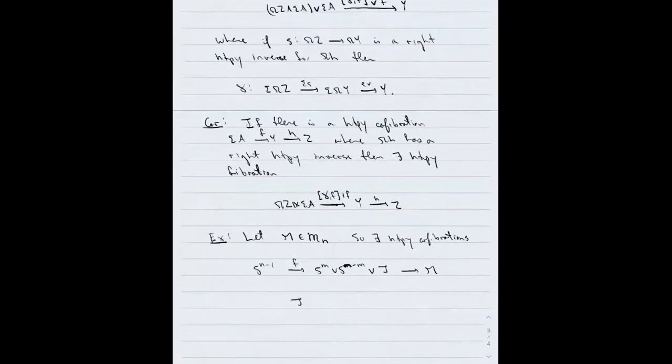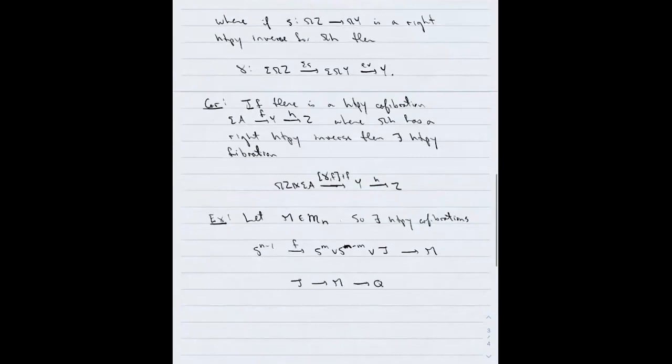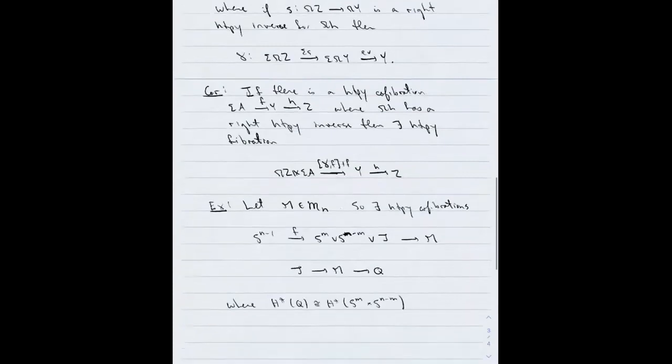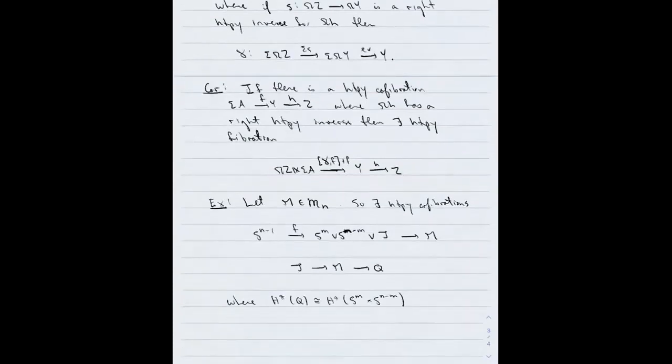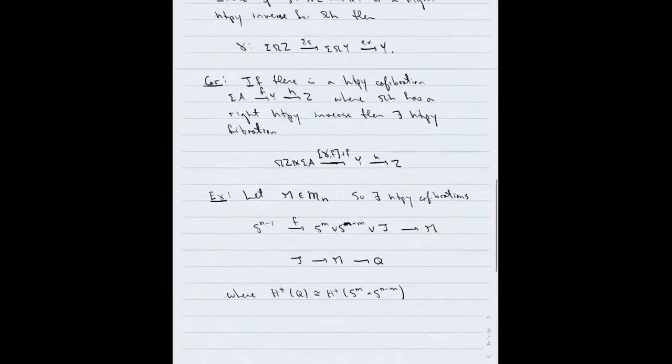And if you take the other space into M and take its cofiber, Q, then cohomology of Q is the same as the cohomology of a product of two spheres. So it looks like M has a product of two spheres cohomologically embedded in it.